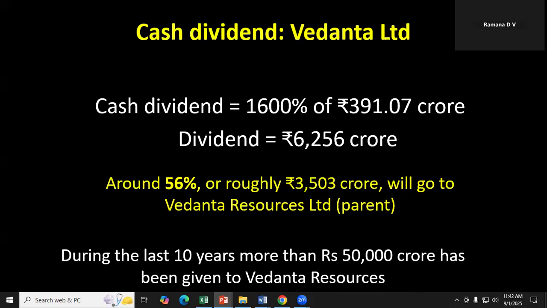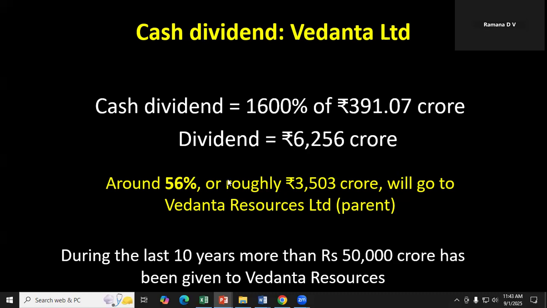I won't hesitate to call this a flight of capital, 50,000 crore. And Vedanta Resources acquired Sesa Goa in 2007. And then it renamed it as Vedanta Limited. Maybe in one of our presentations, we'll see the acquisition of Sesa Goa by Vedanta Resources.